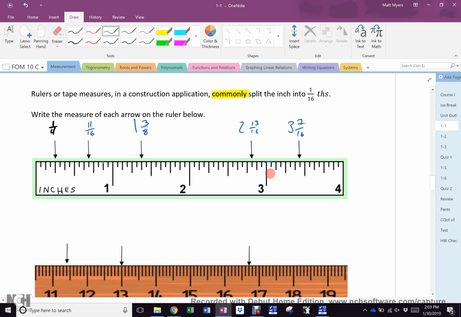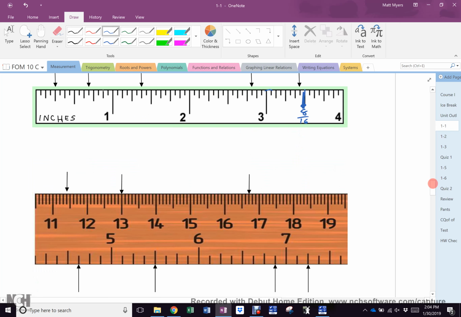Yeah, because you know that this is half. And half is 8/16, right? And it's 1 down from 8/16, so it's 7/16. Everybody cool? Can everybody read a tape measure? Yeah? Sweet.